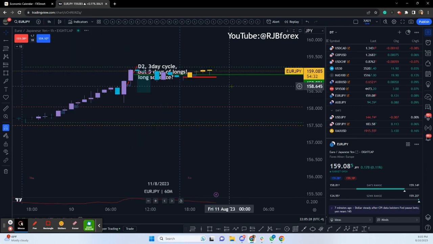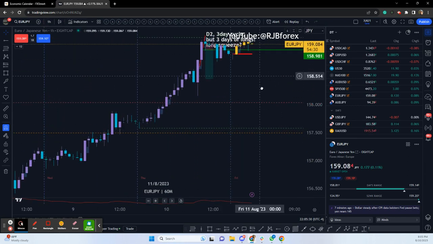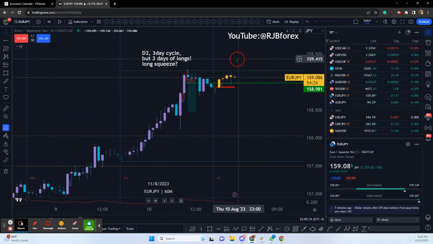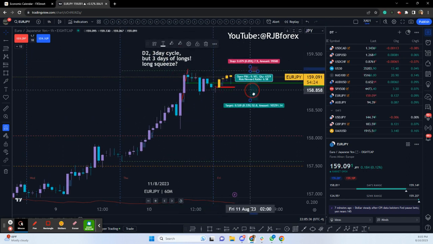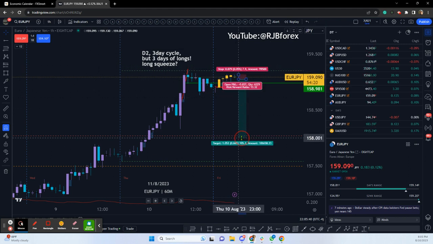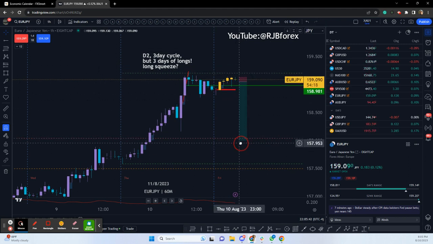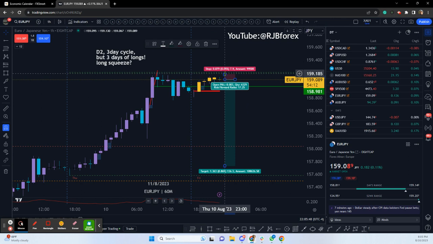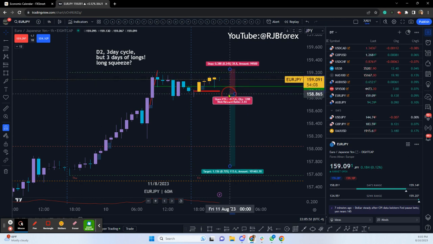The 1-hour chart, talked about this over here on Thursday. So we're now looking for the capitulation finally. Euro yen really could get it if the dollar continues strengthening.